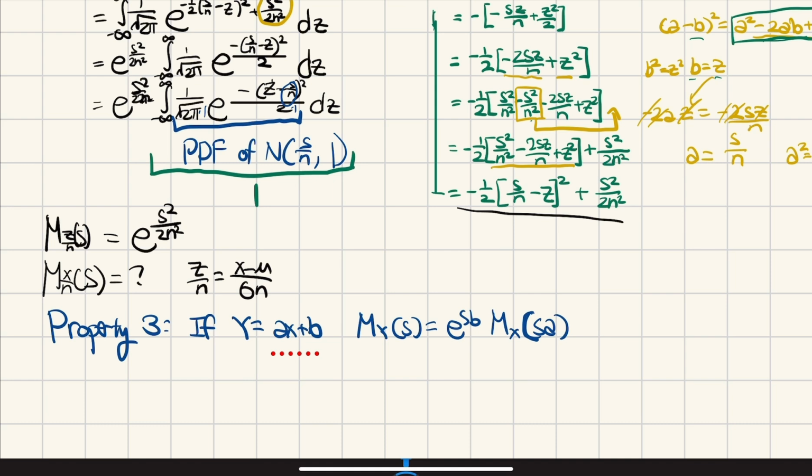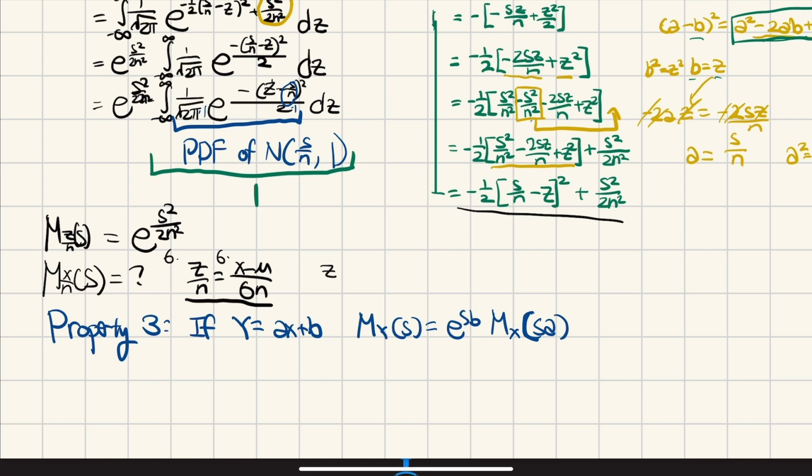Since we know that Z over N equals X minus mu over sigma N, we want to find what X over N equals. So we multiply both sides by sigma.